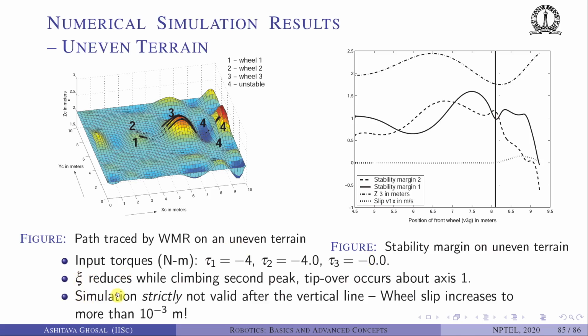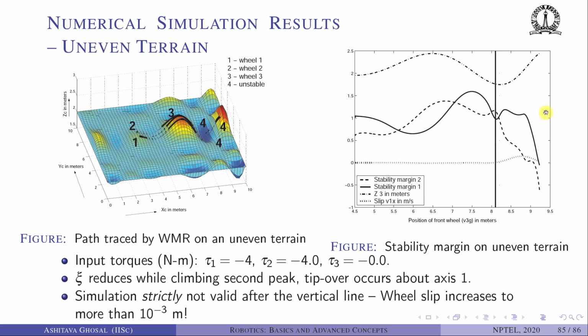Okay. The stability margin reduces while climbing the second peak, not this first one, the second peak, and tip over occurs about axis 1. So this simulation shows that after some time, at this 8 point something, the stability margin is going below 0.